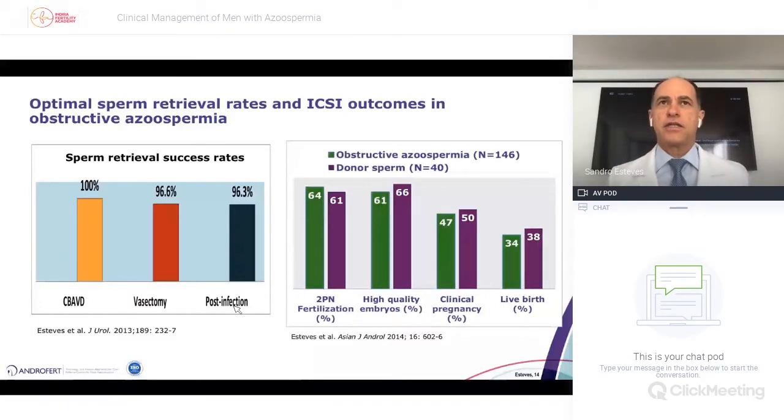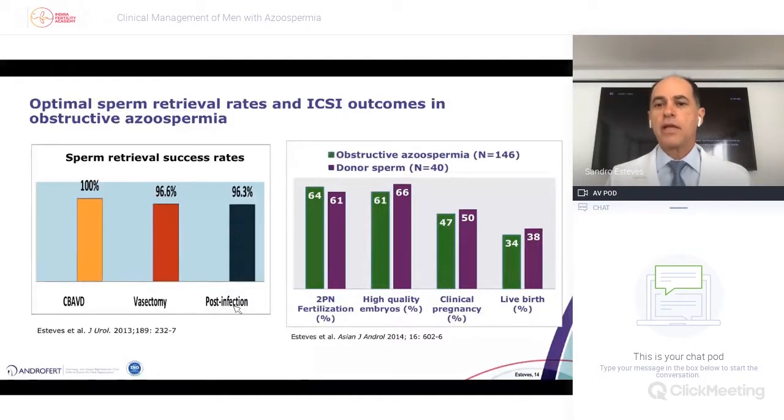In this case, it was a group of 40 patients in which the male partner had non-obstructive azoospermia. We tried to collect sperm from the testicle, but we did not succeed, and these patients opted to use donor sperm.